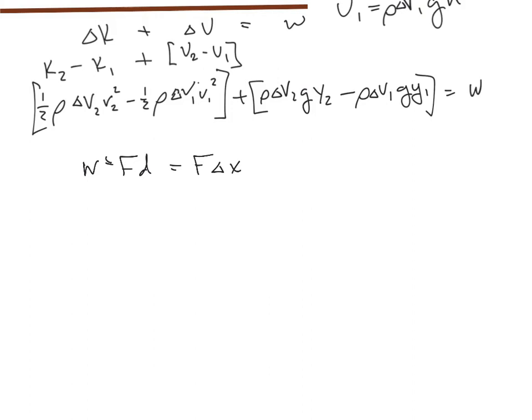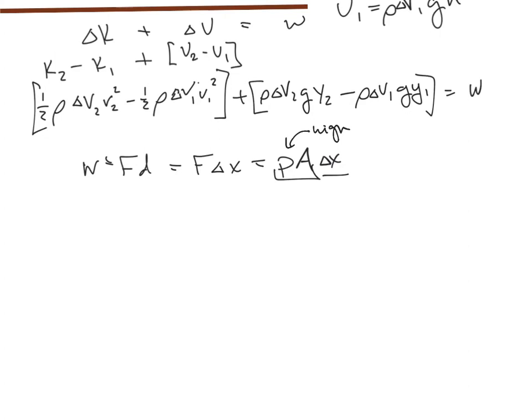All right, we know that force equals the pressure in that zone times the area, times delta X to make it work. This is the force, that's the distance. And that comes from the high pressure part of the system.